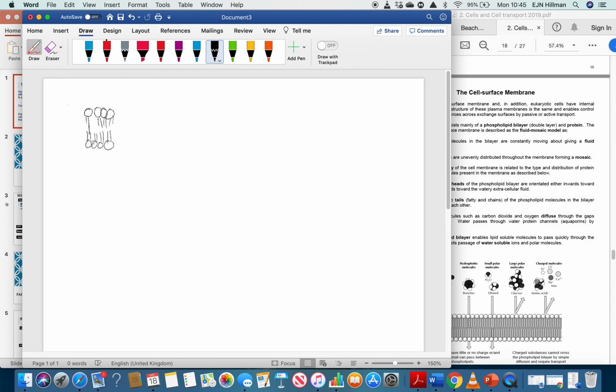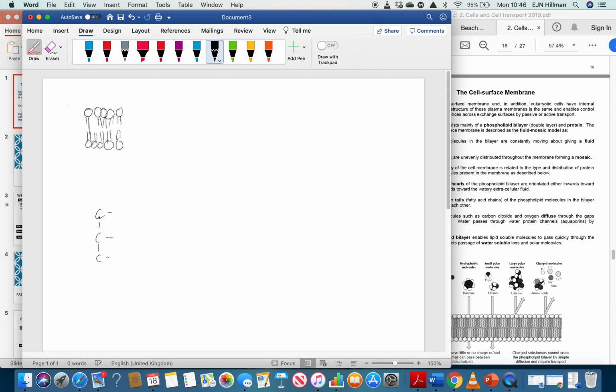So, to begin with, it's probably worth just reminding ourselves of the cell membrane. The cell membrane is mostly composed of these phospholipids. And if we just remember, a phospholipid is a glycerol molecule.